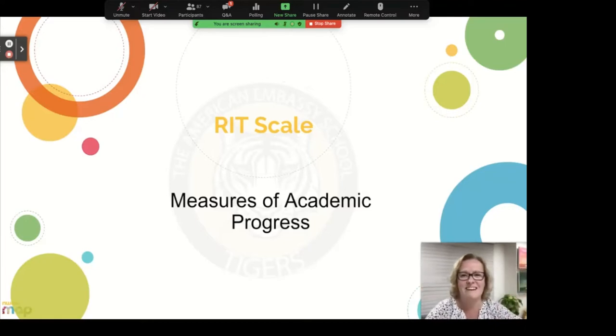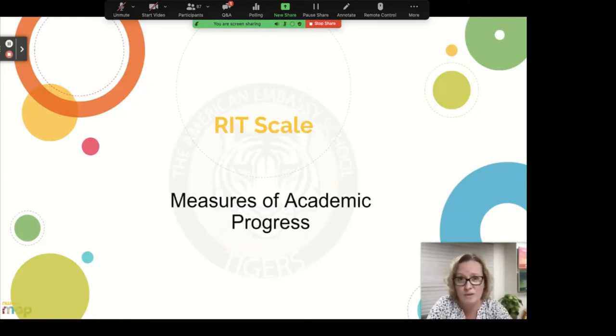I'm not sure. It didn't have much meaning to me at the time. But as educators, percentiles are not useful to us if we are going to be maximizing growth. What we know about achievement is achievement cannot happen if a child is not growing. And so instead of percentiles, we focus on the RIT score.